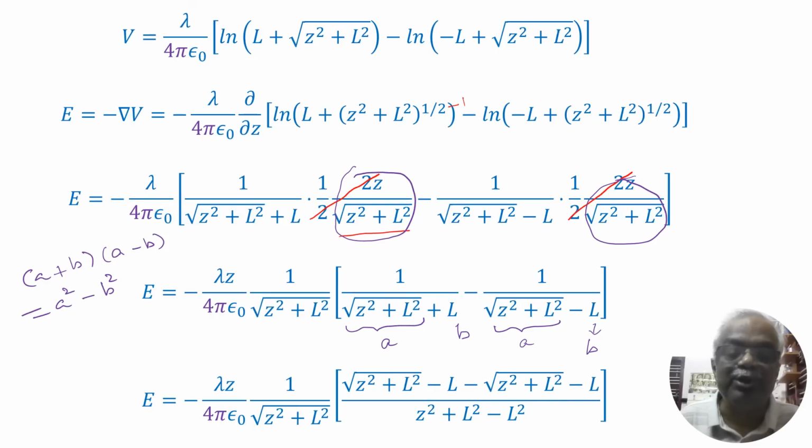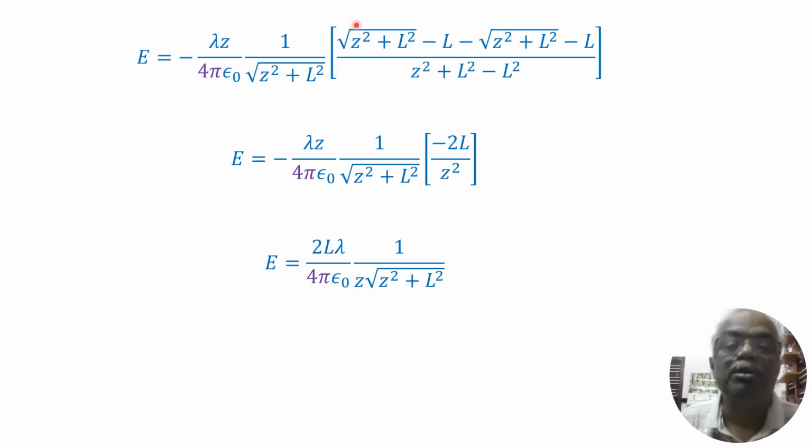Now the square root term will get cancelled. And the remaining thing, minus L will become minus 2L. We will see it. So, as I said, this square root term and this square root term in the denominator will get cancelled.